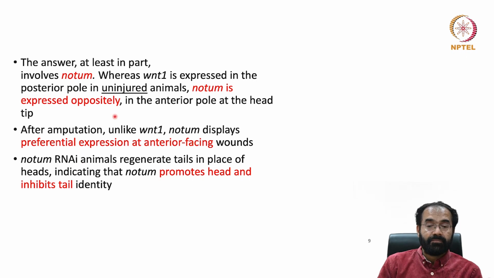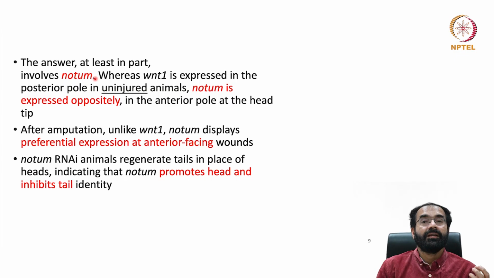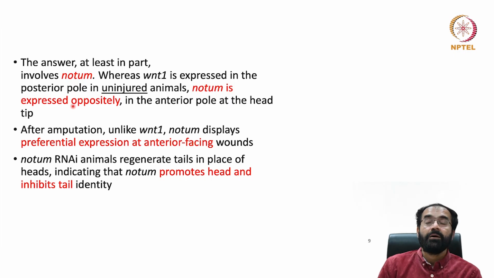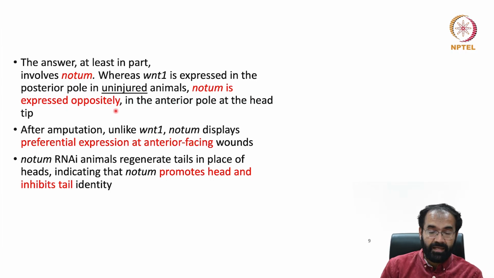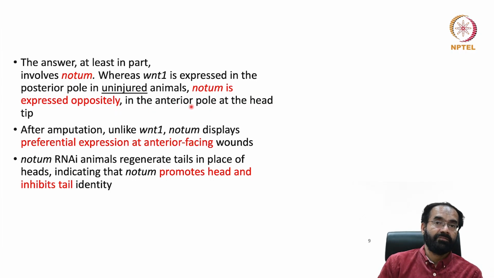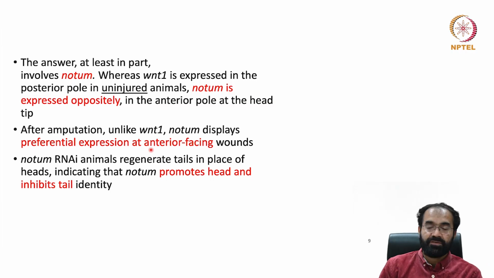The answer is, at least in part, that it involves the expression of a gene called Notum, N-O-T-U-M. Whereas Wnt1 is expressed in the posterior pole in uninjured animals, Notum is expressed oppositely. That means its expression is more in the anterior end, the anterior pole at the head tip, which antagonizes the Wnt signaling. After amputation, unlike Wnt1, Notum displays preferential expression.